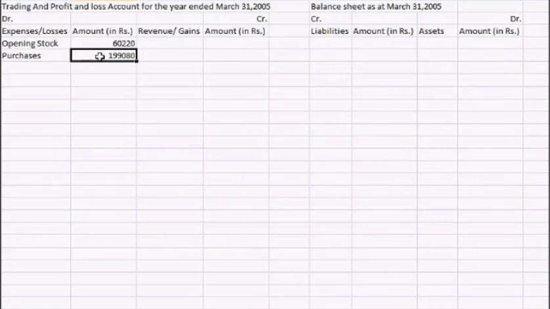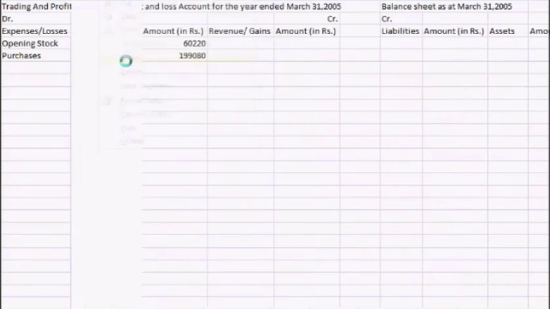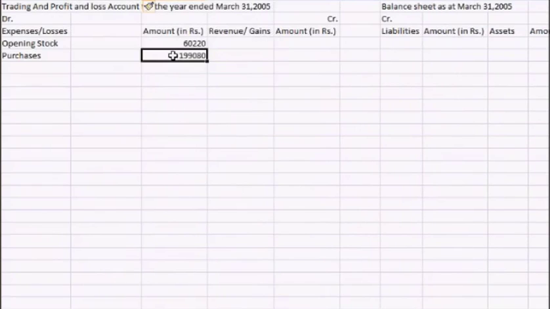But we have to adjust this account for purchase return. So we have to incorporate another column where we can just calculate or make the adjustments.